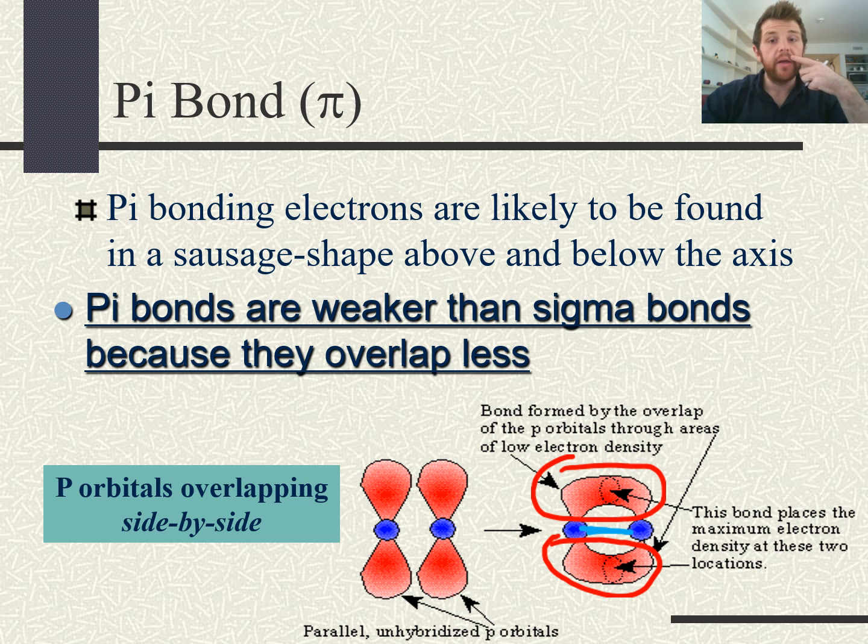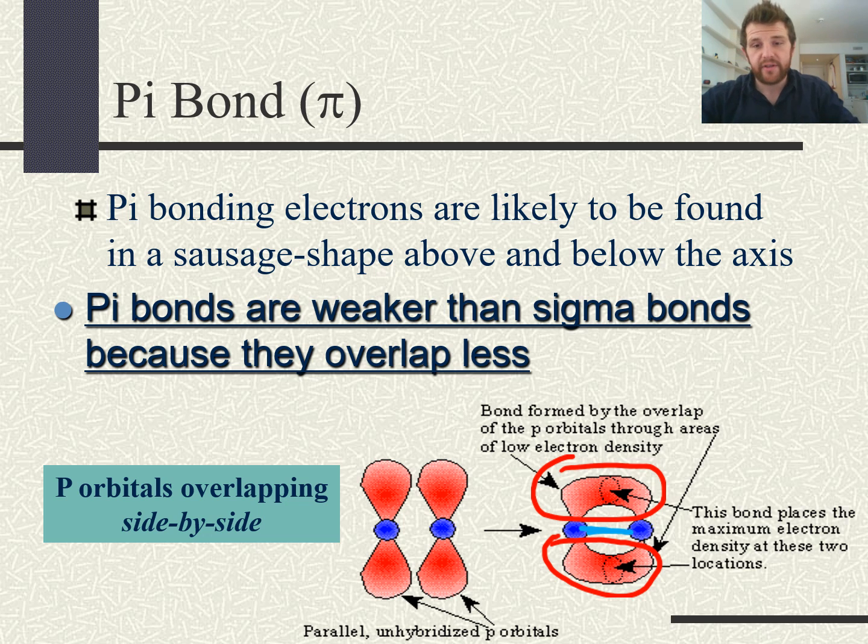The pi bond, these are going to be below the axis, and sometimes they'll also be above the axis. And these are weaker because they overlap less. So when you're going to break a bond, if it's a double bond, the first bond you break is the pi bond. This is all HL, but at the same time, SL is going to be seeing it when we get to organic chemistry, so I'm going to just teach you it now, so it's not a big shocker.